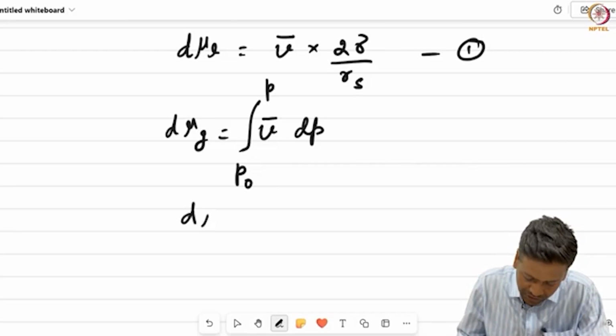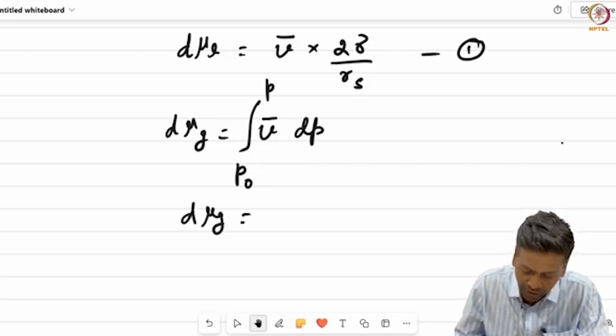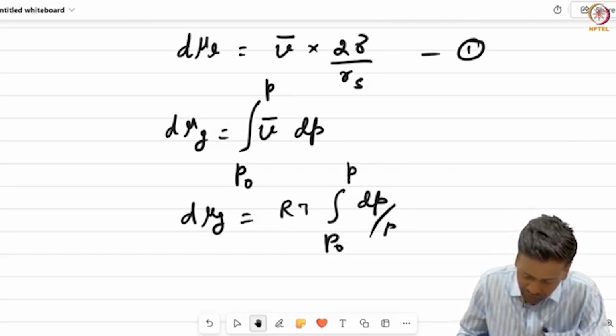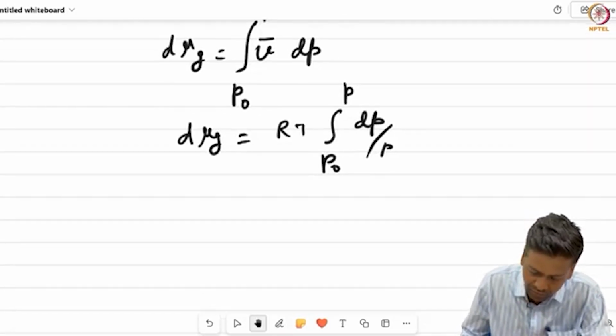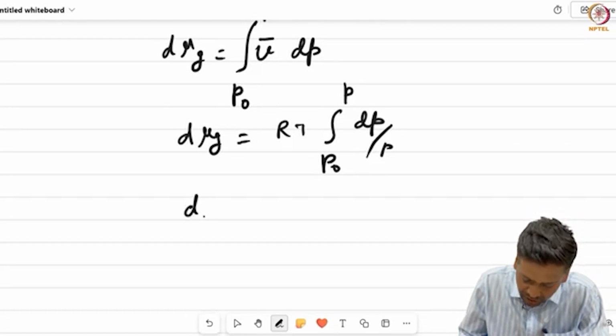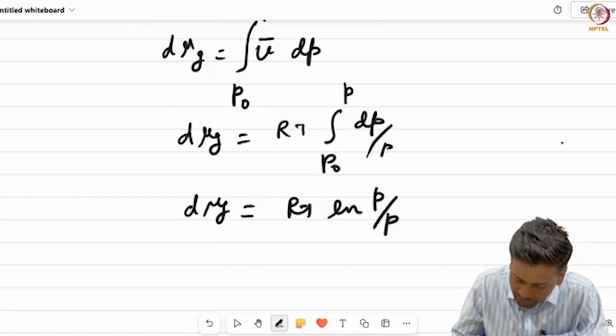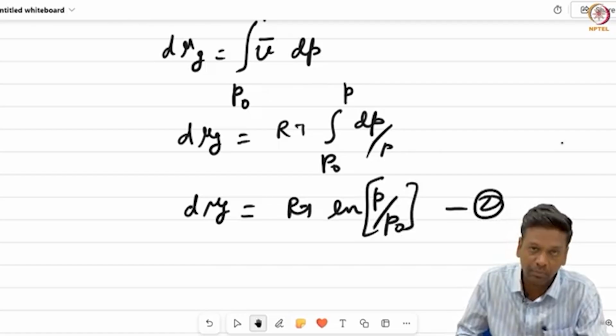So in this case, you will simply have V bar is nothing but RT by P. So you can take the RT out, then you will have dP by P itself, with limits going from P naught to P. So from the gas side, we will have d mu g is nothing but RT ln P by P naught. Okay, this is my equation number 2.